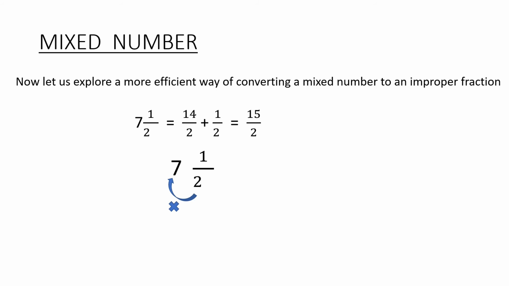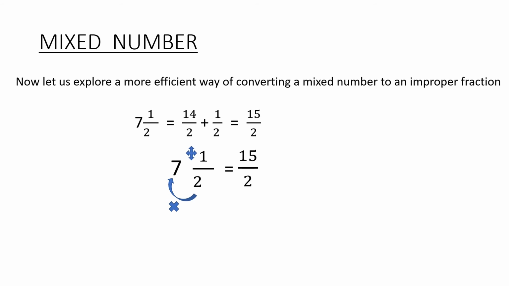Then that product we add to the numerator, which gives us our new numerator of 15. 7 times 2 is 14 and 1 is 15. And we are always dealing with halves, so the denominator is 2. So the result, as we found out before, 7 and a half is 15 over 2, so we end up with the same result.